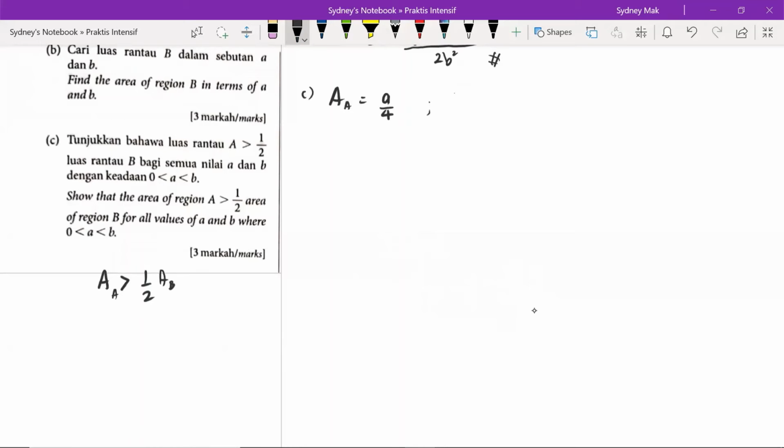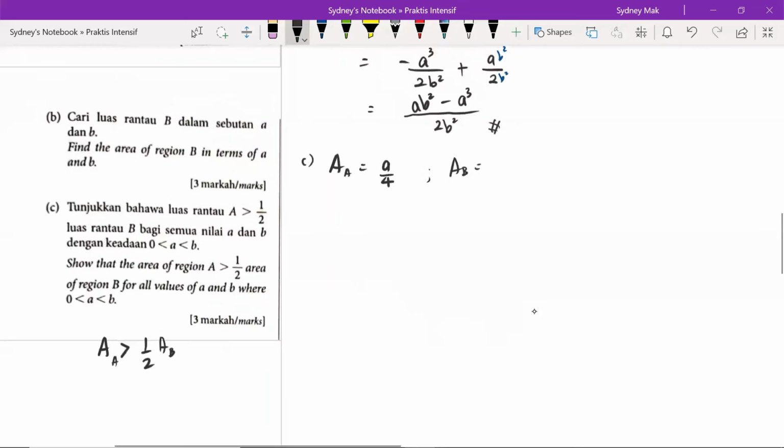And the area of region B is ab squared minus a cubed over 2b squared. So how are we going to put the area of A and area of B together?